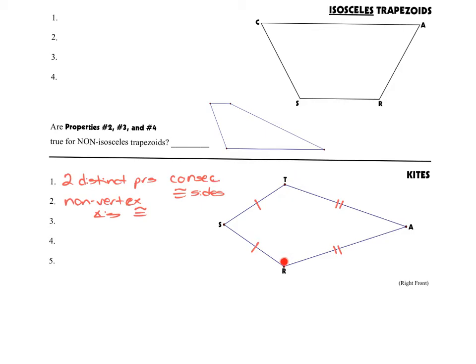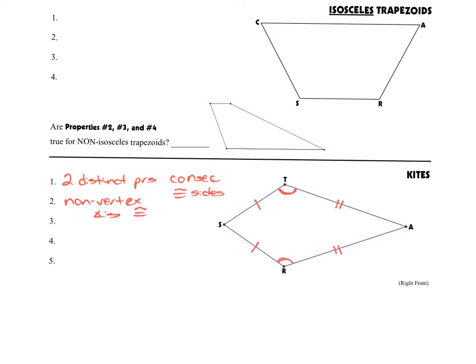By visualizing those isosceles triangles, I can see that angle R and angle T are what we're going to call non-vertex angles. Because thinking about the isosceles triangle, angle S and angle A would be vertex angles. So the non-vertex angles will be congruent to each other.